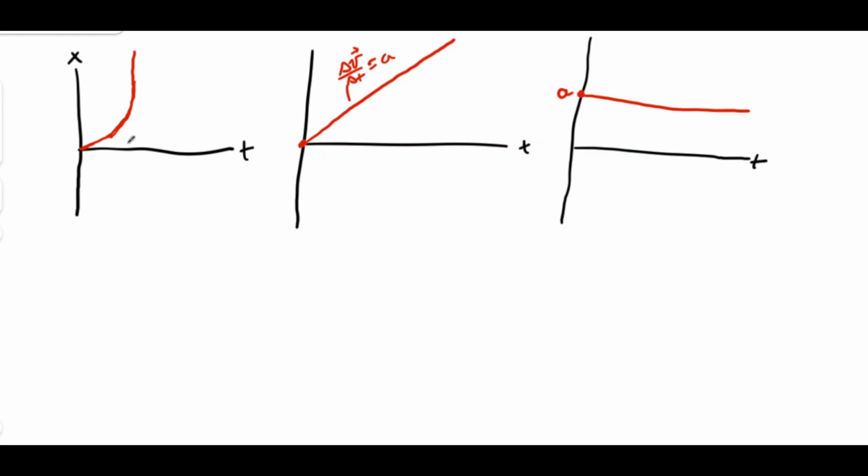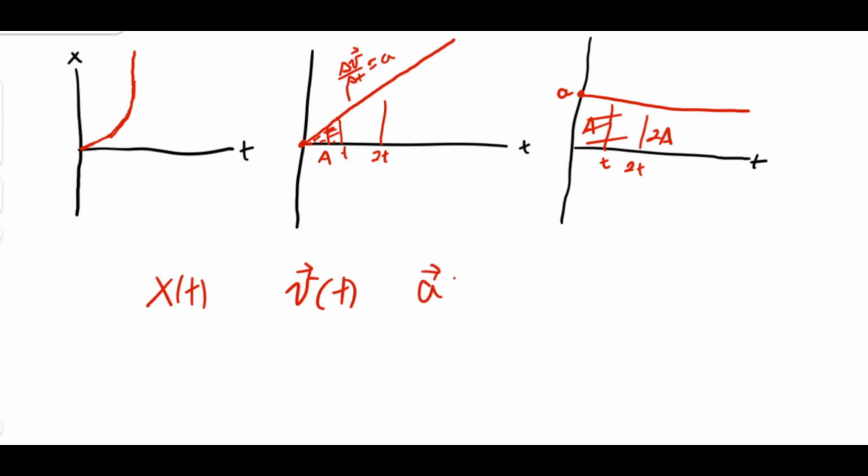And if we look here, if we get the area under, we can work out the other one. So if we have x, position versus time, velocity versus time, and acceleration versus time, to go one further, you use the slope.